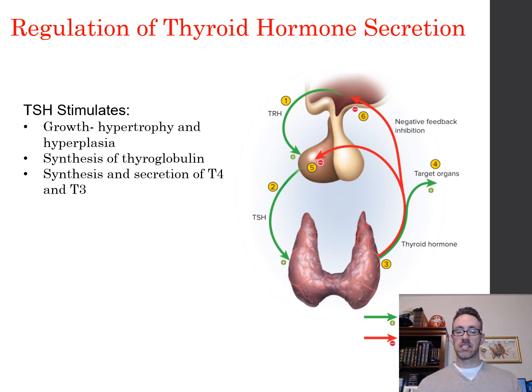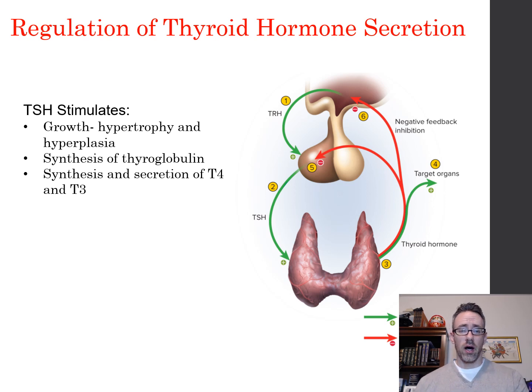So a couple other things about TSH, besides the fact that it causes the release of T3 and T4, it also has a growth-stimulating effect on the thyroid gland, on the follicular cells. So it can cause hypertrophy and hyperplasia. Again, hypertrophy means an increase in the size of the cell, and hyperplasia means an increase in the number of the cells.